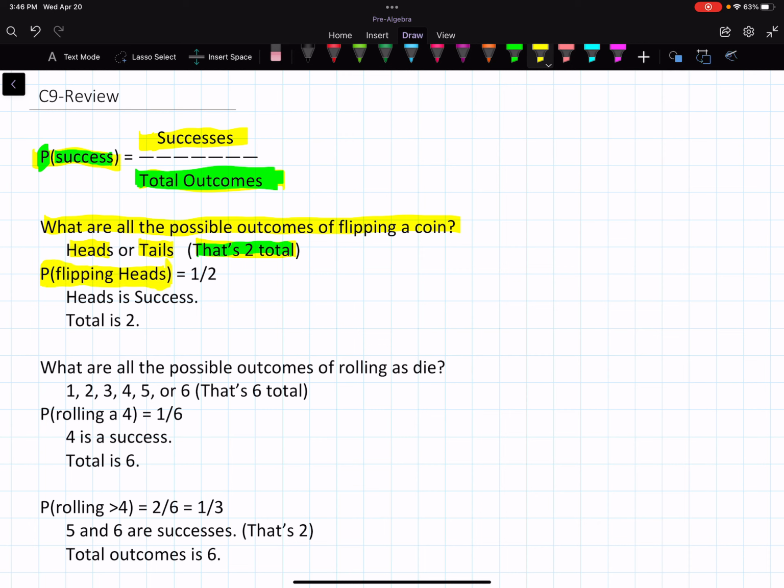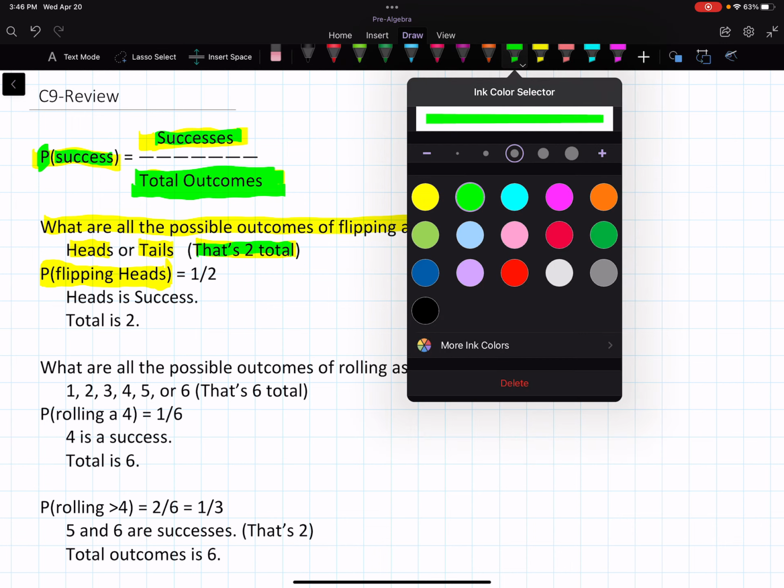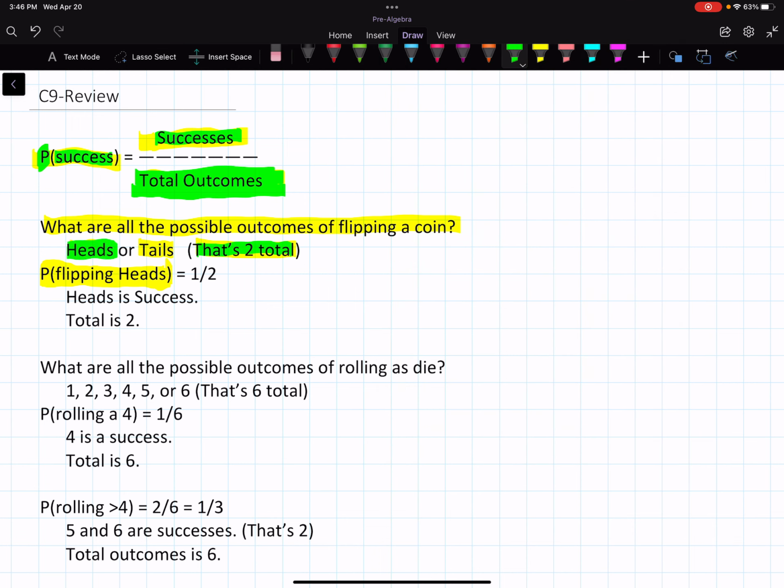So the probability of flipping heads is the number of success cases over the number of total outcomes. Well, a success case in this case is heads, so there's only one possible heads success on a flip of one coin. And how many total possible outcomes are there? Our total outcome is 2, because we can have heads or tails.